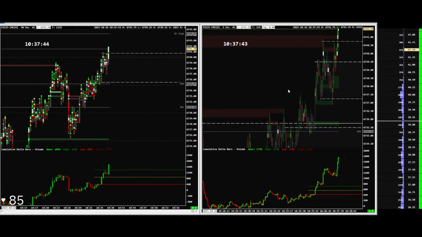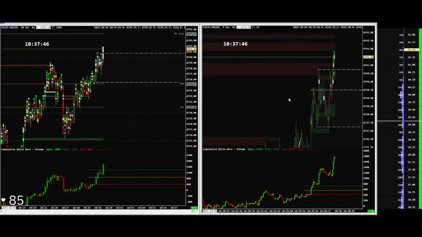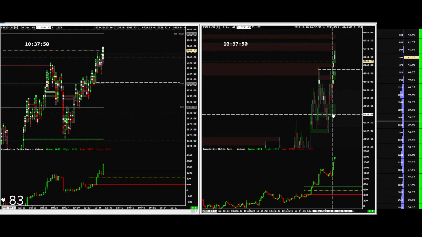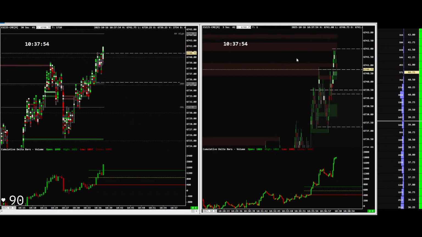There's a new one. You're getting multi-factors for a potential continuation. If you drew that fast enough, you could go long here.